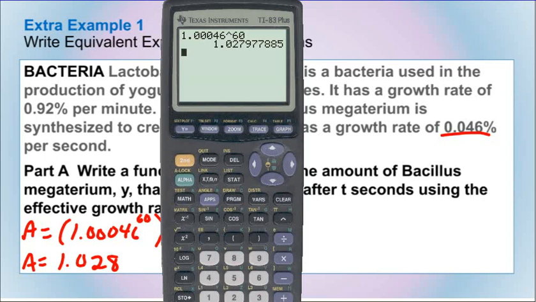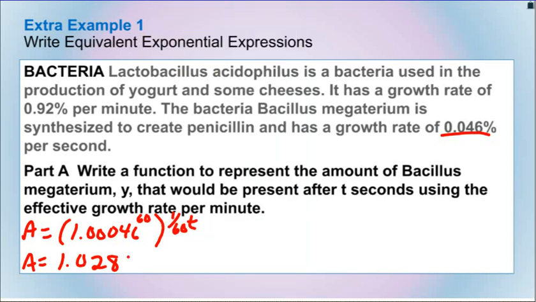I want it to the nearest 10,000th place, so 4 decimal places: tenths, hundredths, thousandths, 10,000ths. This 7 tells you to move this 9 up. 9 up would be to 10, which would make this an 8. So we would have 1.0280 in our parentheses, and this is all raised to the 1/60th t.